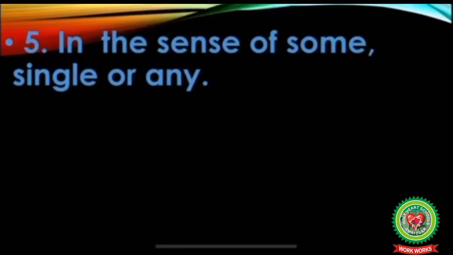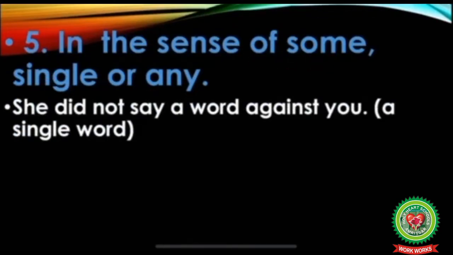Now children, next is in the sense of some, single or any. So children, article a or an can be used to denote the word some, single or any. She did not say a word against you. So children, instead of writing single, that single word is replaced by the article a. She did not say a word against you instead of writing single word.